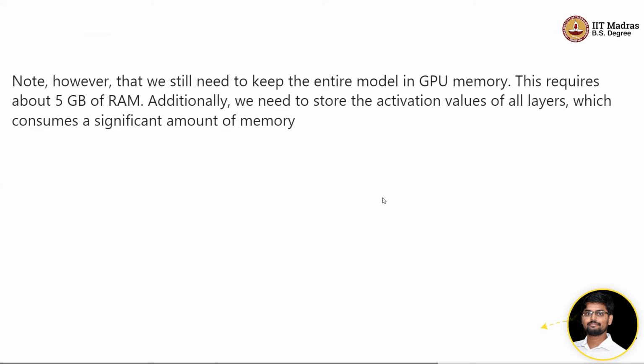So what does that mean? Now I need to train only 1.7 million parameters. It doesn't mean that you can increase the batch size to some 100 very easily, because you still need to store the entire model parameters, because we use all those parameters during the forward prop. We also need to store the activation values in the model, and do this A B multiplication, reconstruct, and add the gradients to the model.